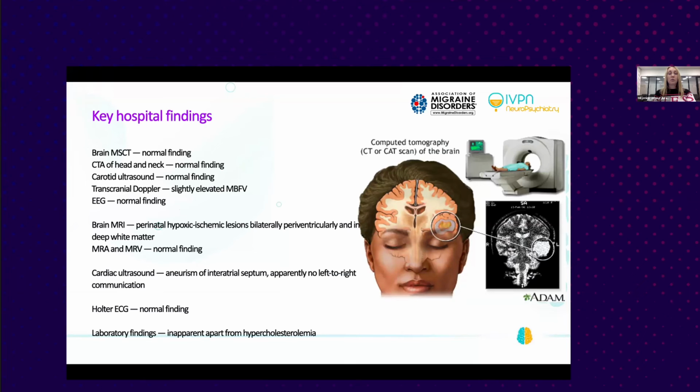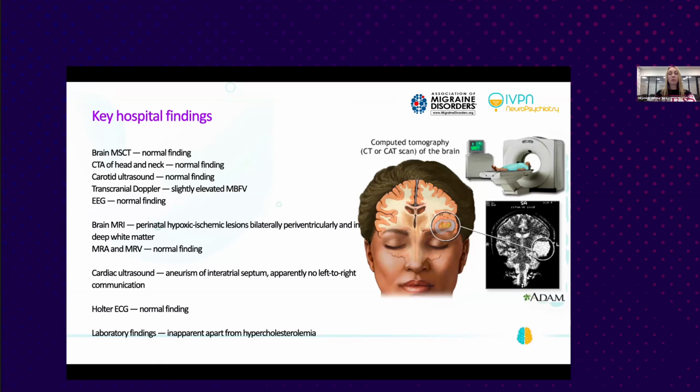While she was in hospital, what were the key findings? The brain MSCT and the CTA of head and neck were quite normal, as was the carotid ultrasound. The transcranial Doppler showed slightly elevated mean blood flow values, and her ECG was normal. They also did an MRI a little bit later on her, showing some lesions that were explained as perinatal hypoxic ischemic lesions, and she actually had a little difficult birth because she was born as a twin.